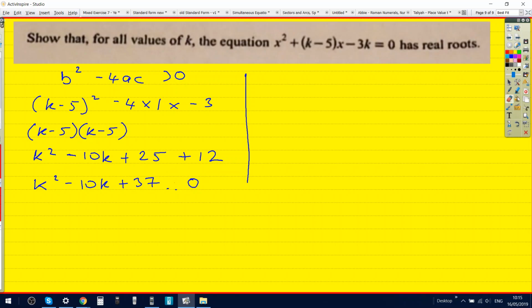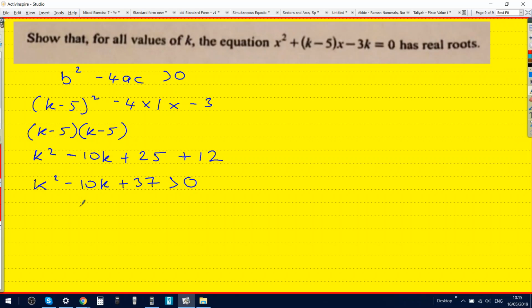What you might have to do then is complete the square. That's the other way you show that it's... So how would you put this into completed square form? Is that k minus 5k? So k minus 5.